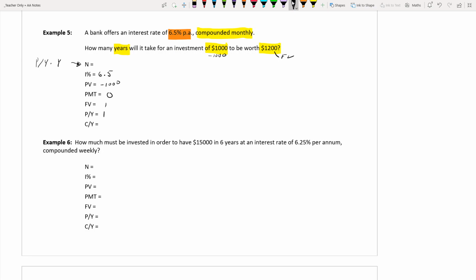Now my future value should be positive, and the reason why I say that is because this will be how much it'll be worth in the future. Let's not forget CY. I like highlighting because CY, it's compounded monthly, so 12. So right now the question is how many years will this take? I have all the information. I'm going to use my calculator to calculate N.